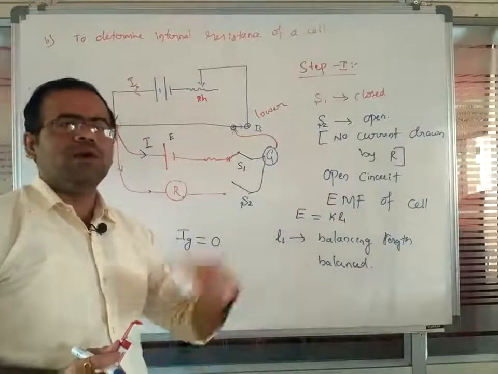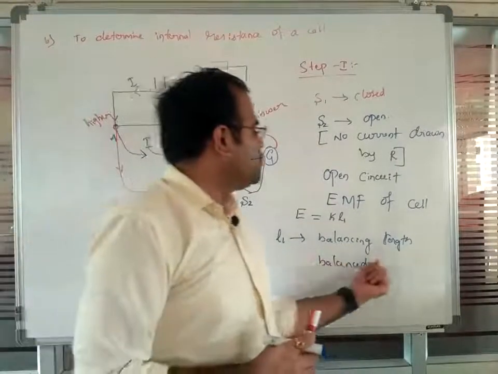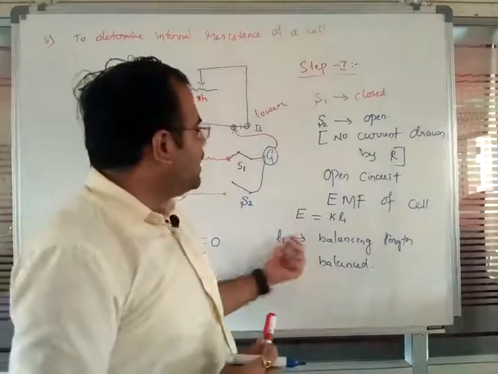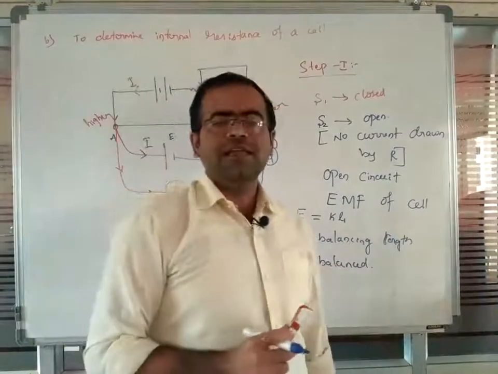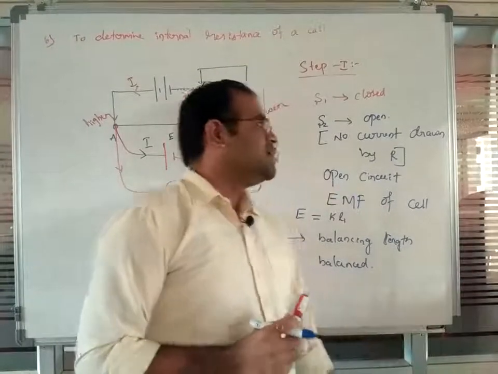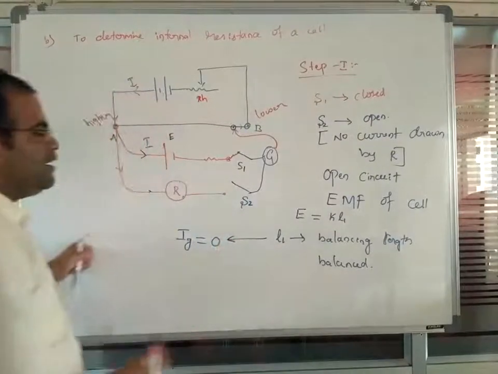Whenever you observe the balanced condition for this particular length, that particular length we call a balancing length. It is obtained by the condition of current through the galvanometer as 0.